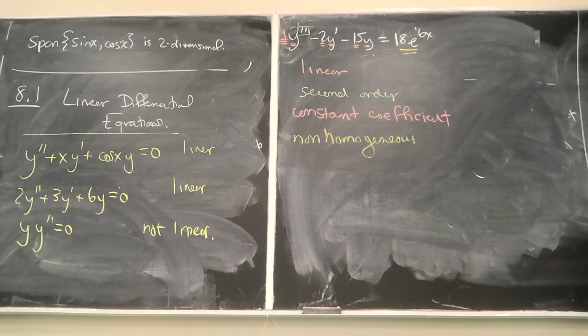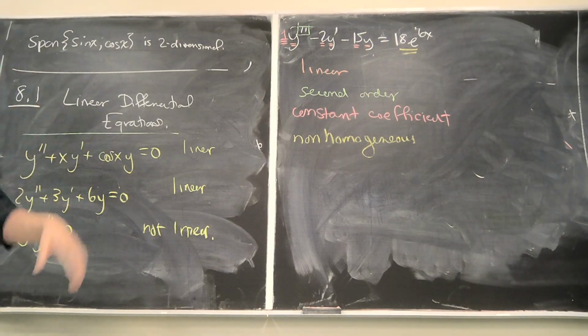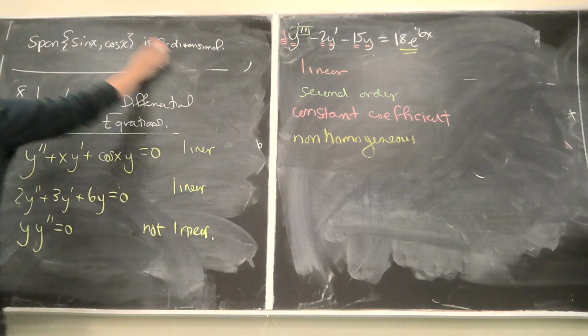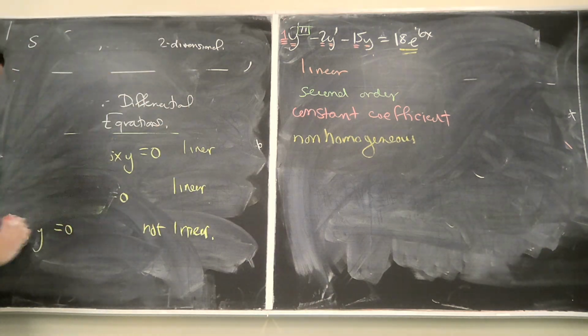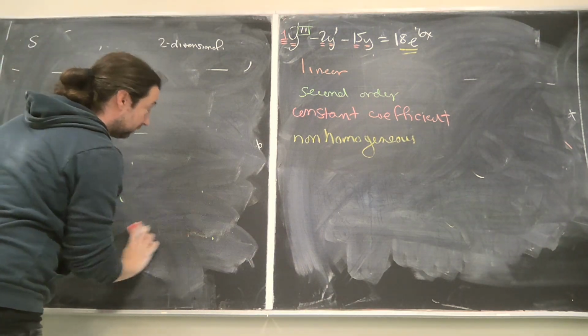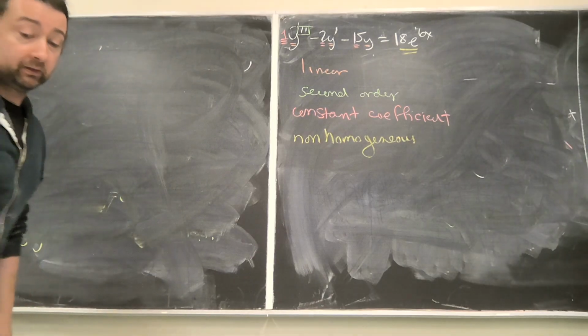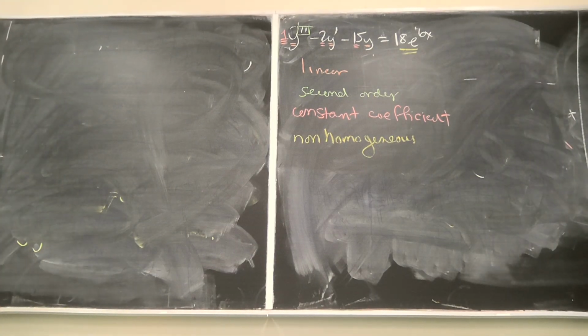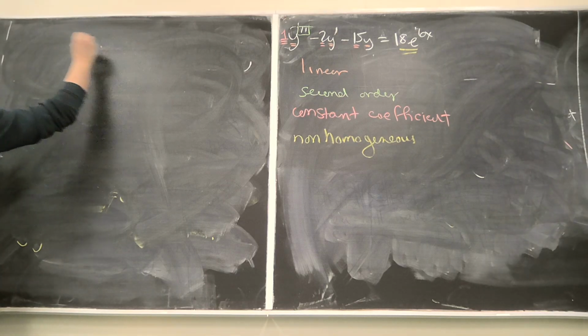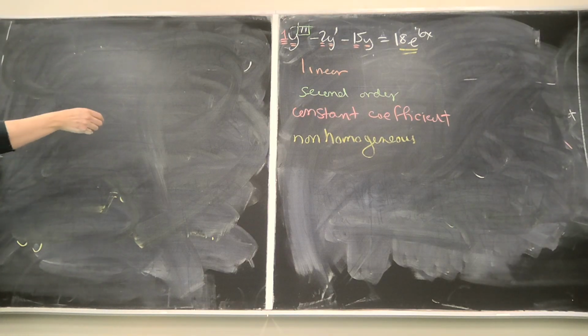So I'm going to be more formal about what I mean by a linear differential equation now. Because I think this is a place where the book kind of goes over the top with notation, and I want you to be able to read the book to figure out what it's talking about. So the first thing I'm going to do is come up with a piece of notation that makes it easier to write down.